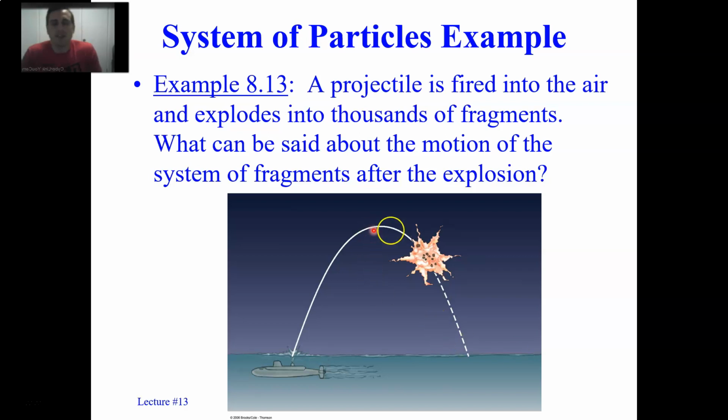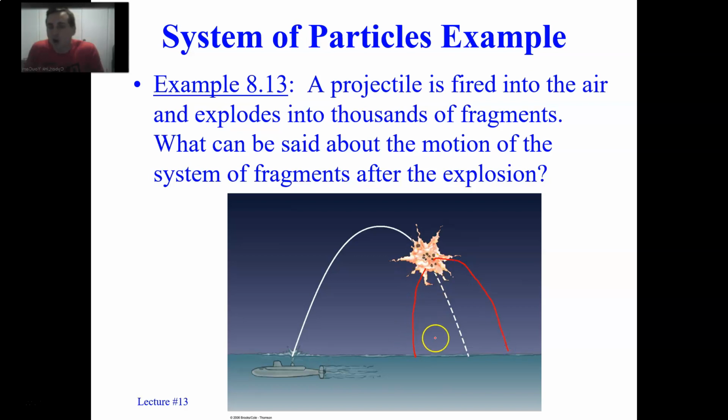Okay? This example basically says that if the projectile pieces go out in multiple directions, notice that the projectile's center of mass in the absence of air resistance should follow this parabolic trajectory. But the pieces could launch out like this and like this.